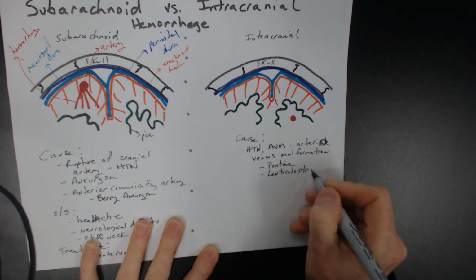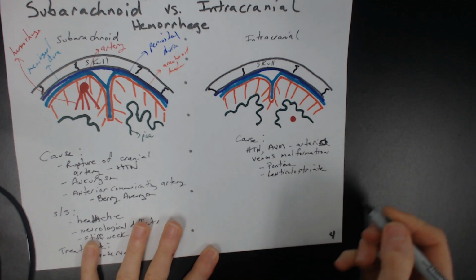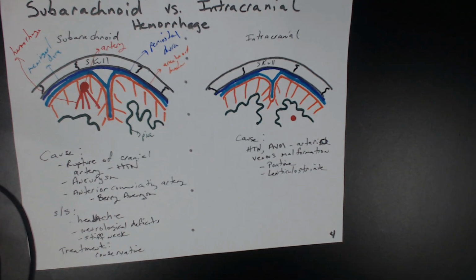Lenticulostriate arteries. Lenticulostriate arteries is something we did talk about last class, but in general they are small little branches like the pontine branches off the basilar artery that supply the basal ganglia with blood.